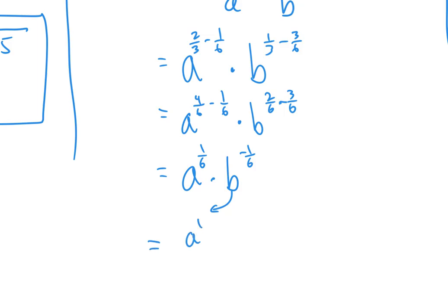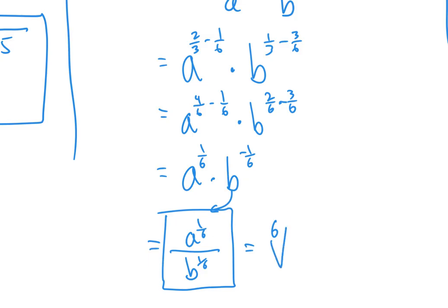So this is a to the 1/6 over b to the 1/6. And that would be an okay answer, because it doesn't say to write it as rational exponents. We could write this as, since they're both 6, the sixth root of a over b. Either one is fine.